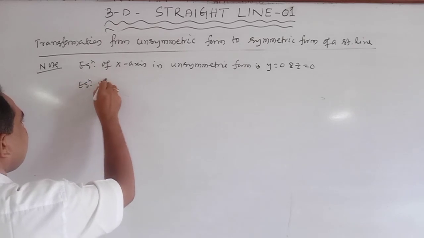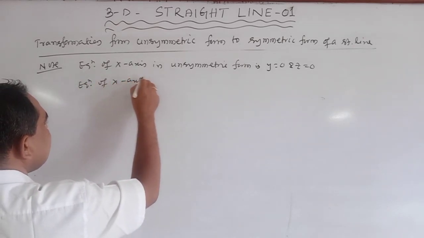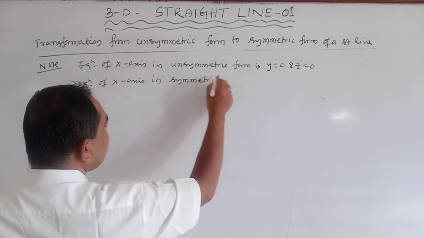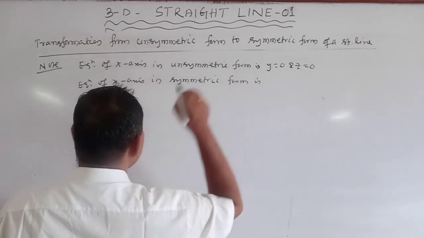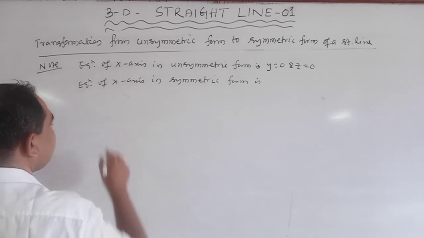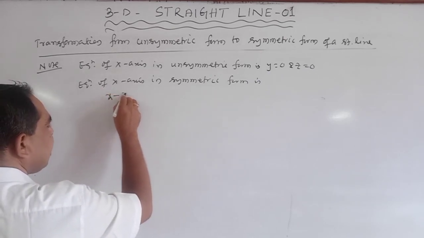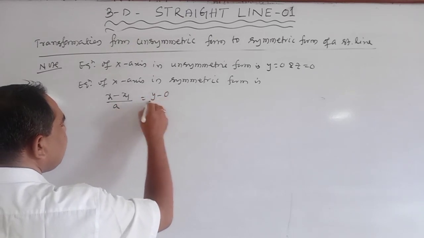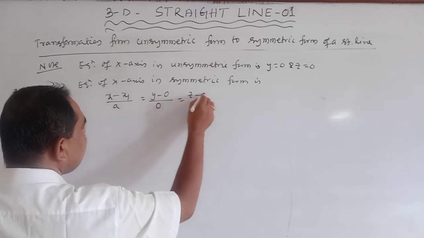The equation of the x-axis in symmetric form is x minus x1 divided by a is equal to y minus 0 by 0 is equal to z minus 0 by 0.